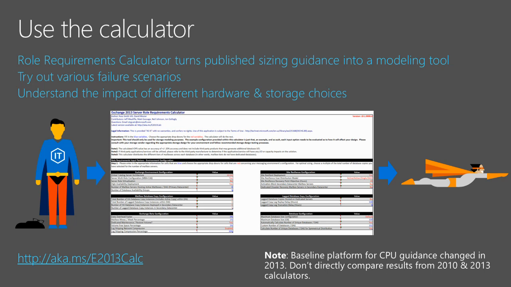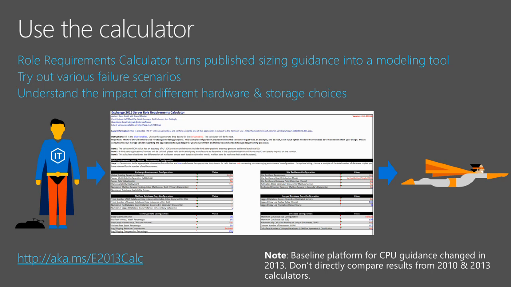It's a great tool, allows you to input your business requirements, essentially, for what you need to get out of Exchange, and use it as a modeling tool. So you can run various scenarios. If I want to deploy 2 DAGs or 4 DAGs or 1 DAG, change the number of servers, change the type of processors I'm going to use, you have the ability to see the impact of that in a very quick way and understand exactly what that will look like in your environment.